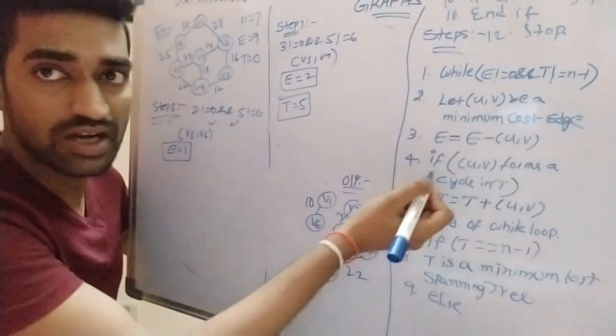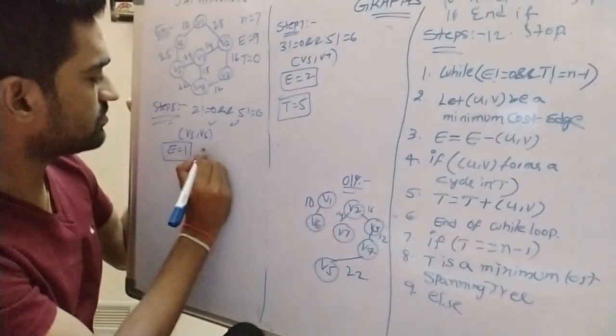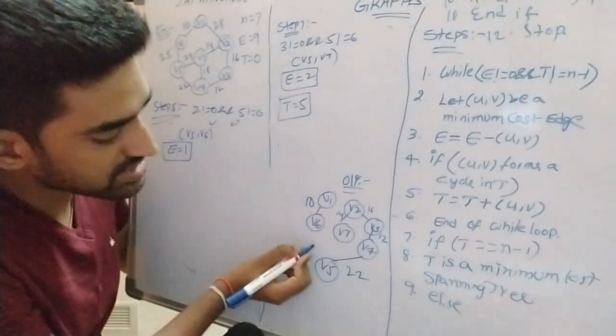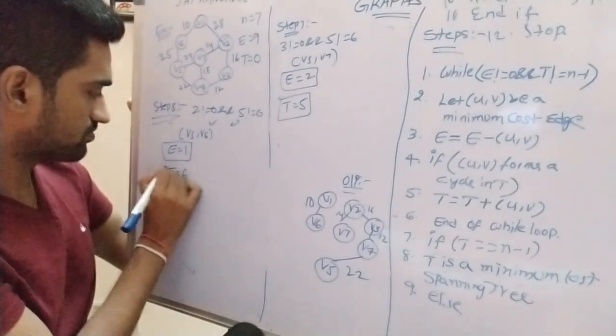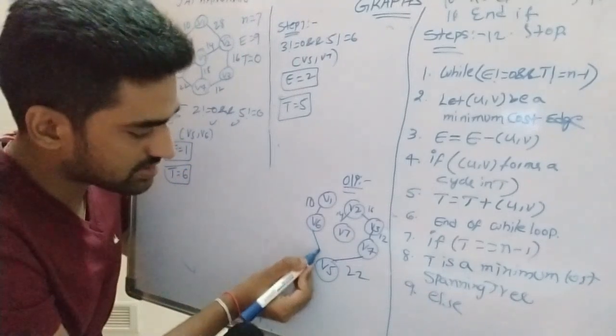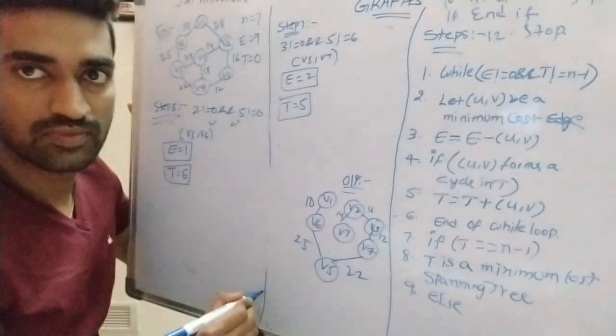Then we check whether U comma V forms a cycle or not, right? V5, V6 does not form any cycle. So that's why this can be added to the output, that is T is equal to 6. So what is the output? V5, V6, 25, right?